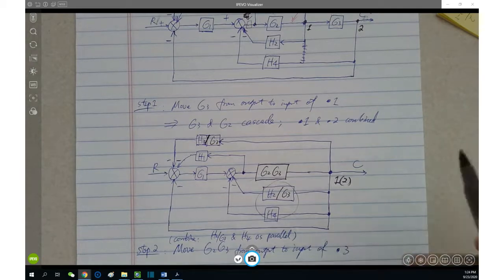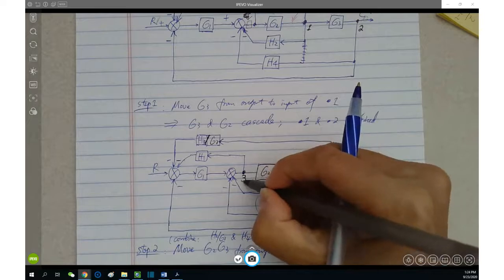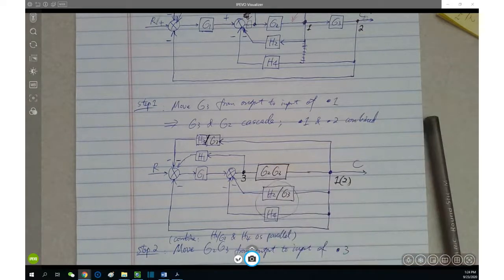We define this as 3. Then I give you a couple of minutes to come up with the resultant block diagram yourself. Go ahead. Two or three minutes, and then I will present the solution. Do this move yourself with the algorithms by the side and follow them to see what happens.